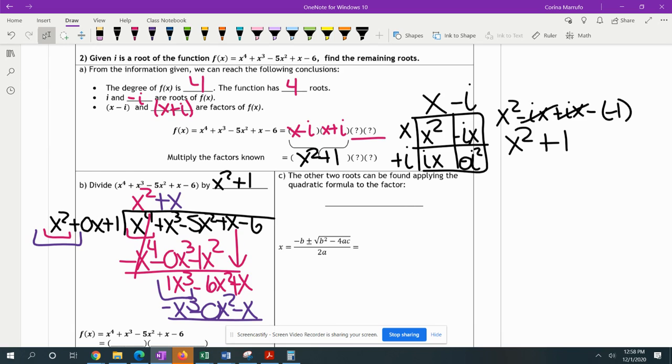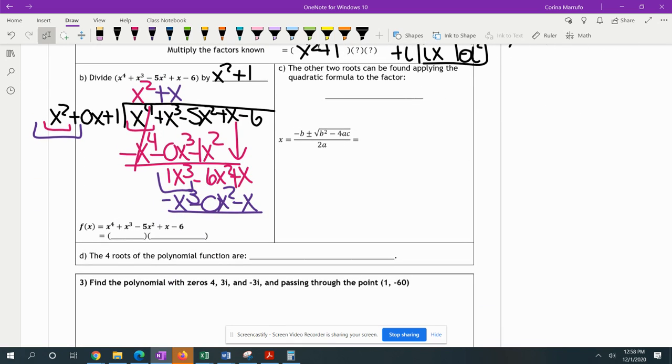We ran out of space. So when we subtract, 1x cubed minus 1x cubed cancels. Negative 6 minus 0 gives us negative 6x squared. x minus x gives us 0x. Okay, you can put plus or minus here, it doesn't matter, because if you add 0 or you subtract 0, it's still the same thing. And then you drop the next number, so minus 6.